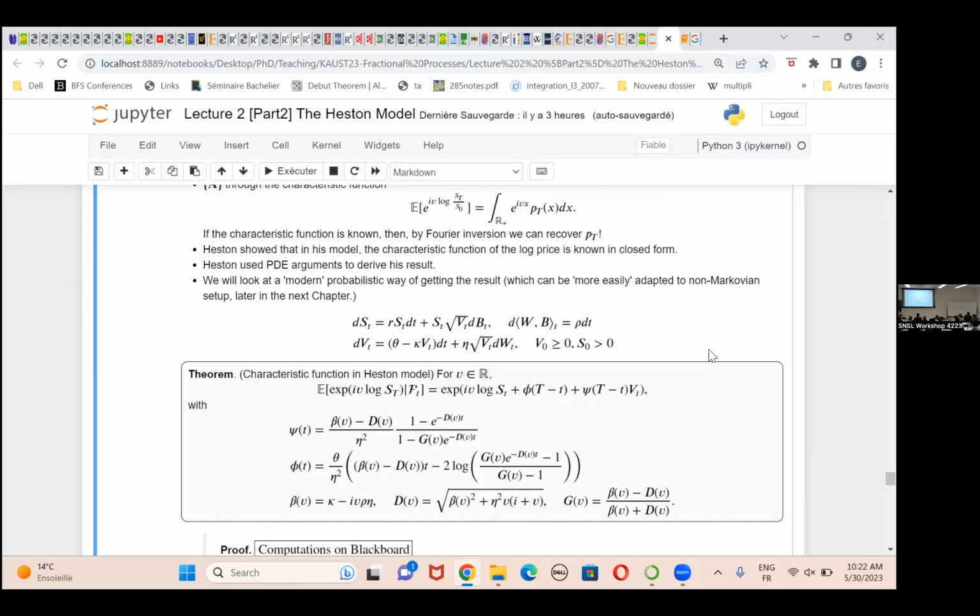The problem with this approach is that it highly relies on the PDE, which we're going to lose if we are in a non-Markovian setting. So the first challenge, I would say, is to try to understand this derivation without using PDE methods. And I'm going to show you that we can use probabilistic arguments to derive this. So we're going to only use probabilistic arguments to derive this expression. So let's try to do this here.